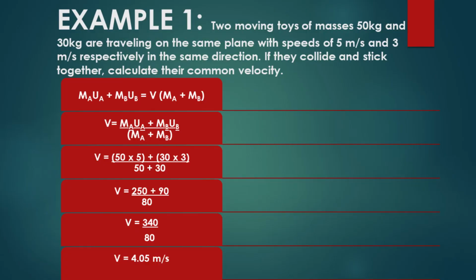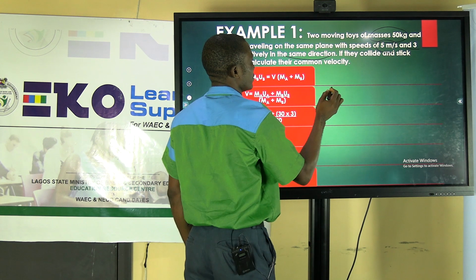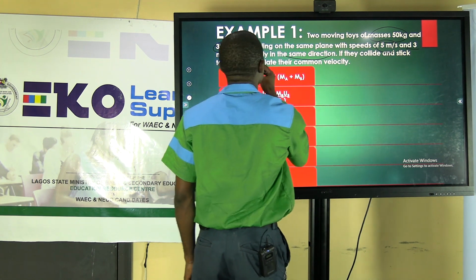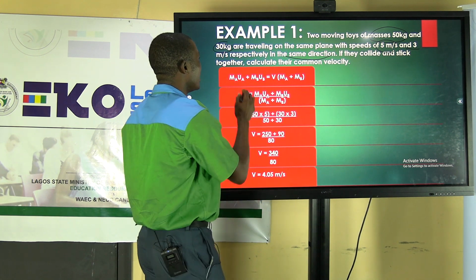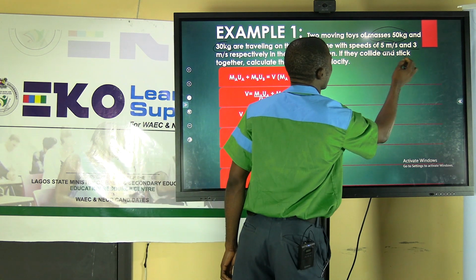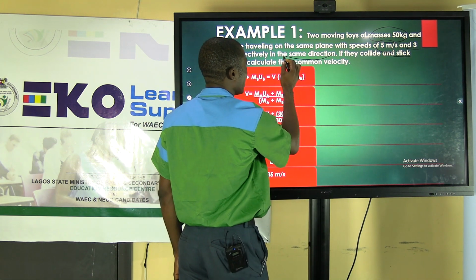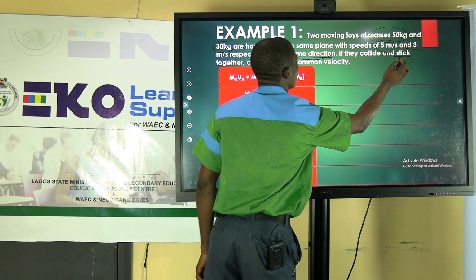Example 1. Two moving toys of masses 50 kg and 30 kg traveling in the same plane with speeds of this and this. In the same direction, watch the same direction. If they collide and stick together, calculate their common velocity. They stick together. So watch the statement, the same direction, then stick together.